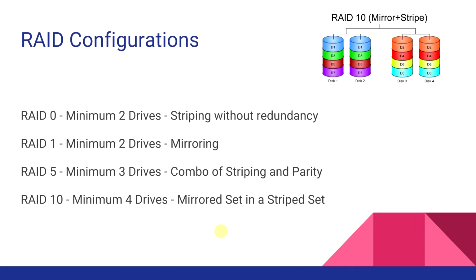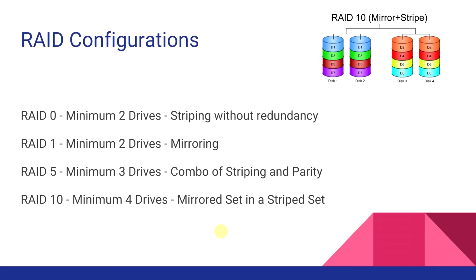RAID 10 is a really nice way of doing things if you have the drives. It's a minimum of 4 drives. And what you're going to do is you're going to do a mirrored set of striped data. So in RAID 10 with only 4 hard drives, essentially you're going to have 2 drives where you're going to stripe across 2 drives, and then you're going to have a second set of 2 drives where you're going to stripe across those 2 drives.